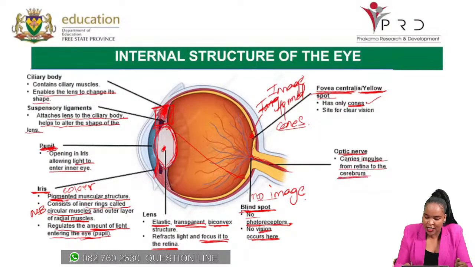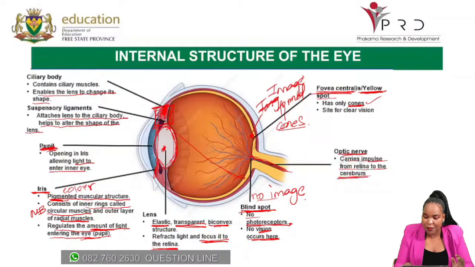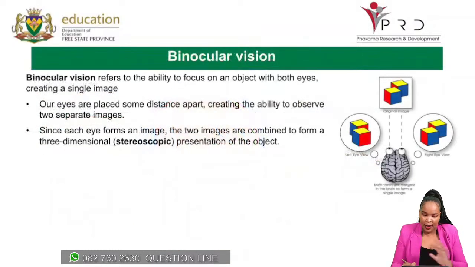Remember the functions of the cerebrum that we spoke about last week? So also when you want to see something, the impulse is going to be carried from the retina by the optic nerve to the cerebrum. So that is your internal part of the eye. I hope you have taken note of all the different parts.